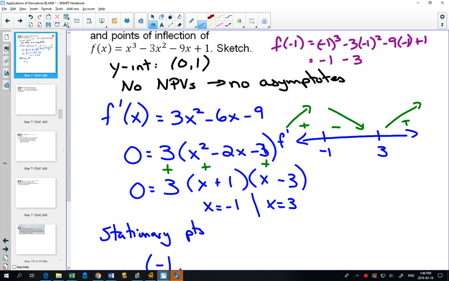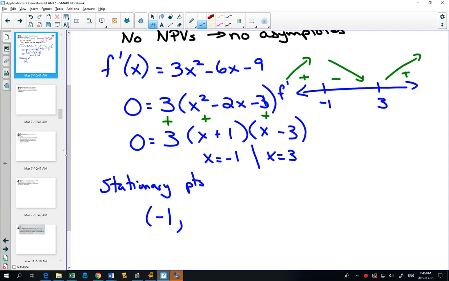Negative 1 minus 3 plus 9 plus 1. I get negative 1 comma 6. Okay? Classify it. Can you see that that is a local max?